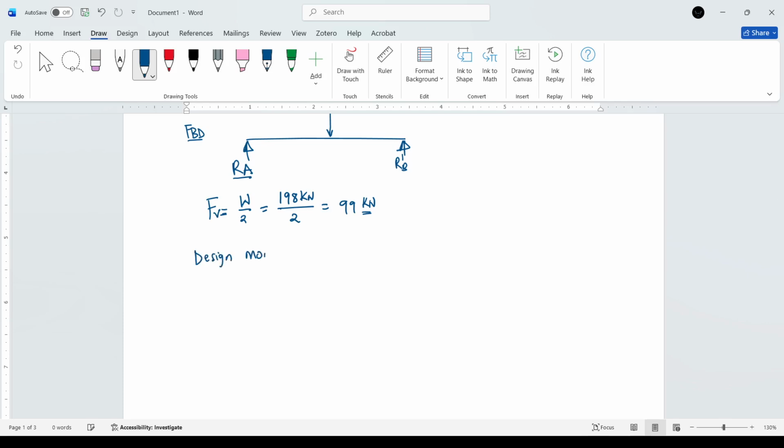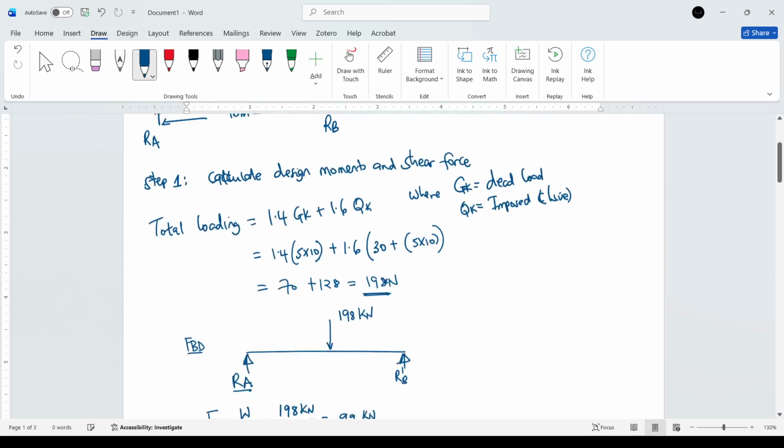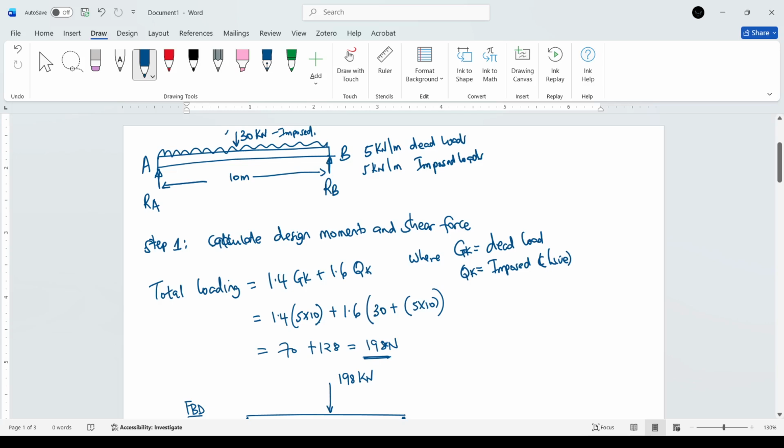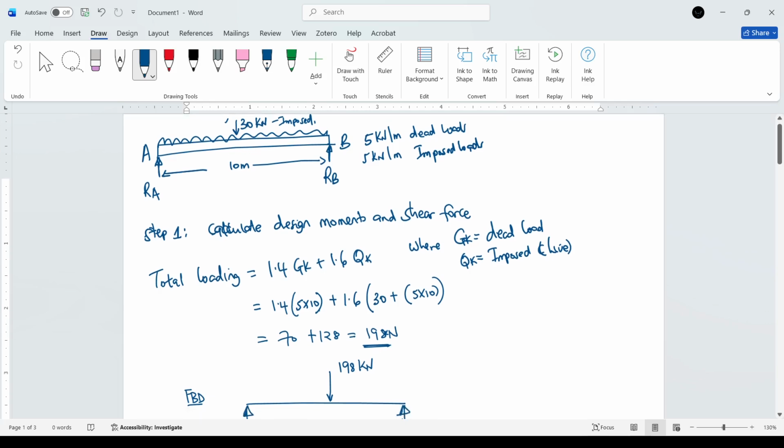Design moment. So we are designing for maximum bending. So since it has a point load and a UDL, okay, what did we say for point load and UDL?